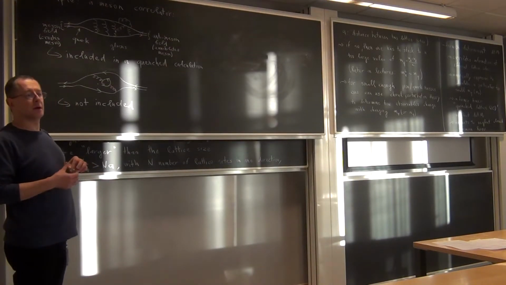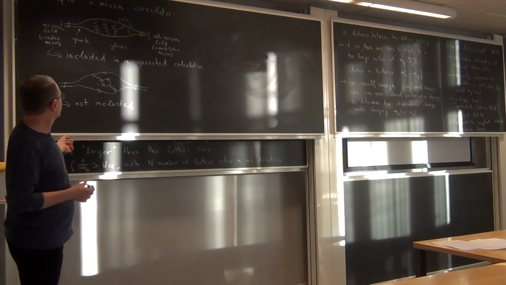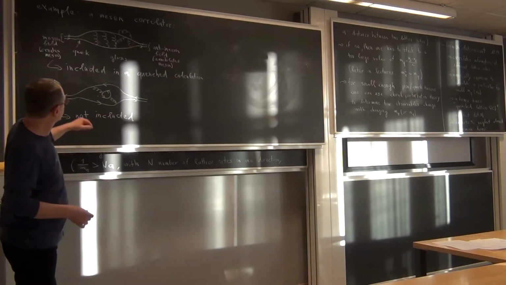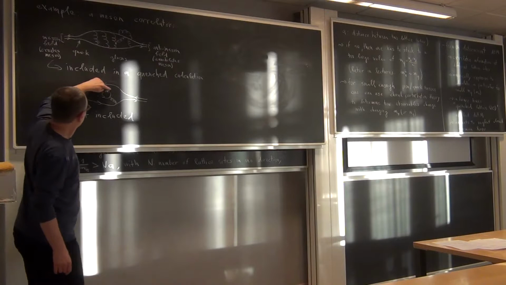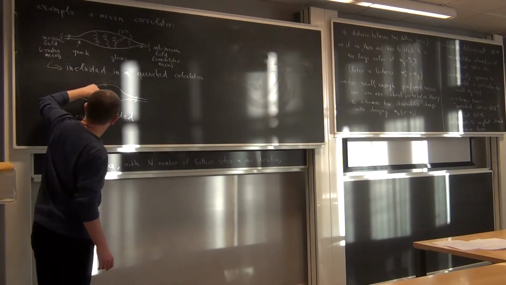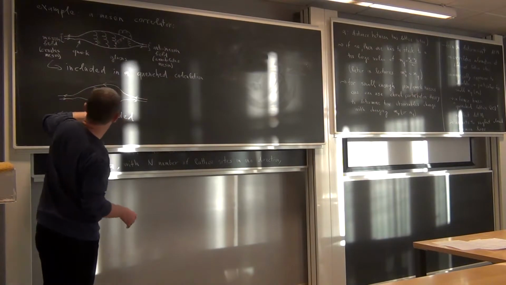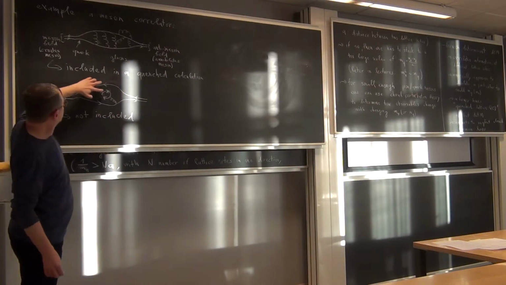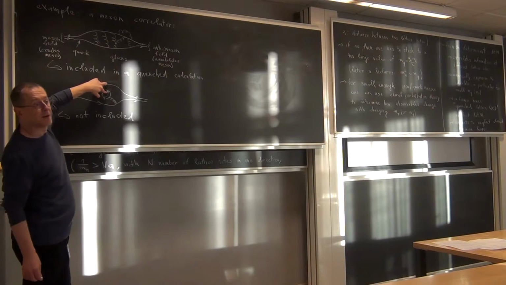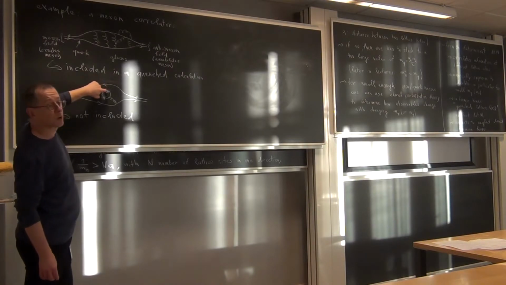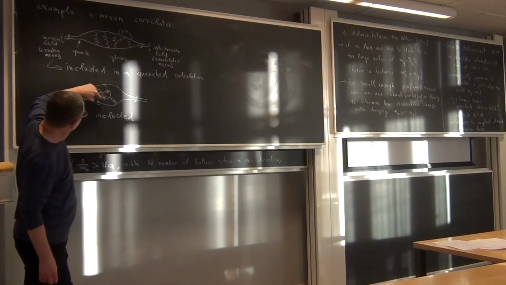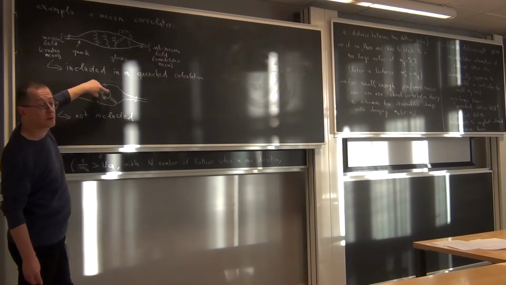One thing which is worth noting here is, now let me draw this slightly differently. In between here, I have a quark anti-quark state. And in between here, I also have a quark anti-quark state.